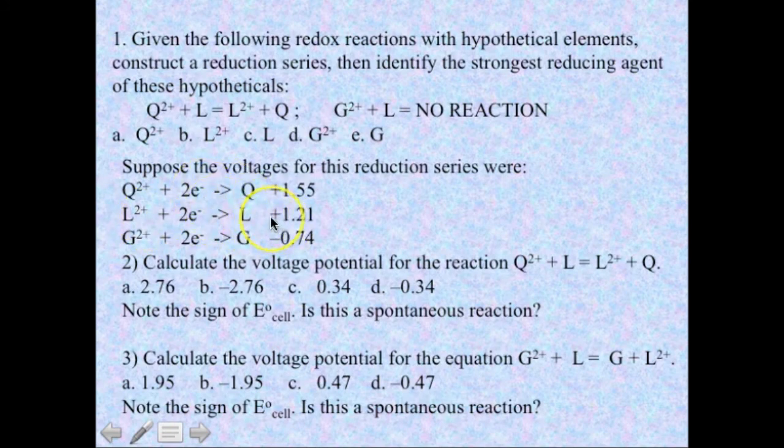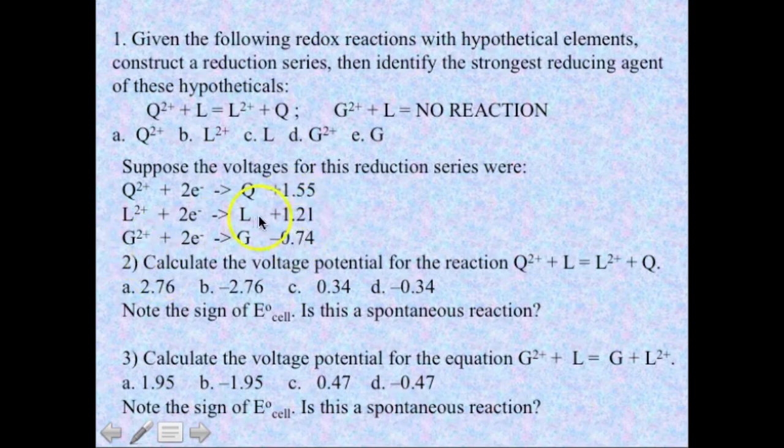When we do that, flipping, we get minus 1.21 instead of plus 1.21 when we write it as an oxidation. And then if we add these two, we will get the desired spontaneous reaction. So it'll be plus 1.55 added to minus 1.21. So that looks like a 0.34 overall cell potential.